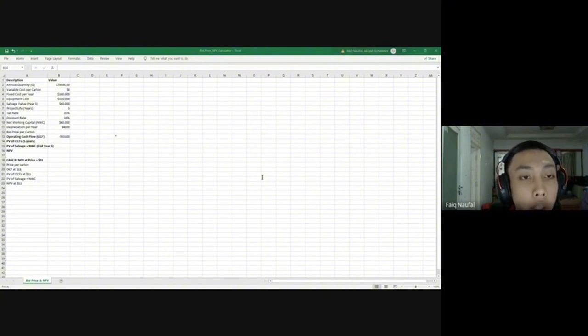The next one is to find the present value of operating cash flow for 5 years.